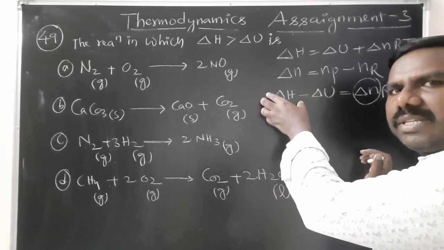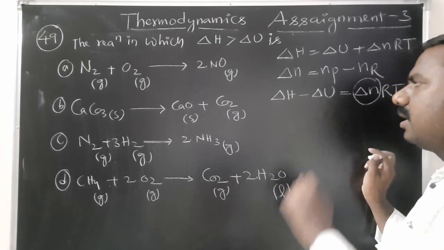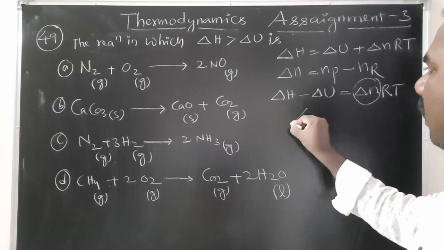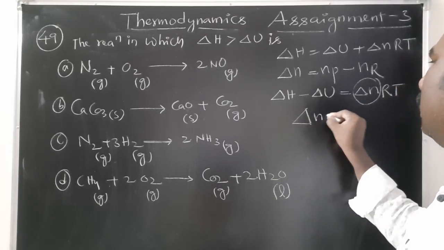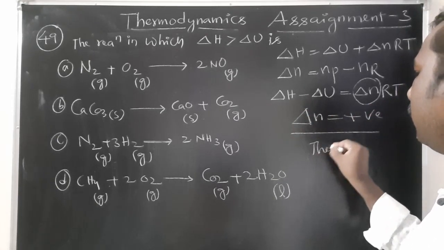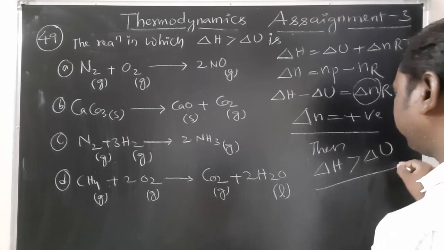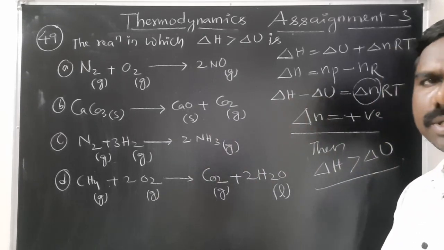Positive means this value must be higher than this, like 10 minus 5, then you will get plus 5. So if delta N value is positive, then delta H is greater than delta U. It is our condition.